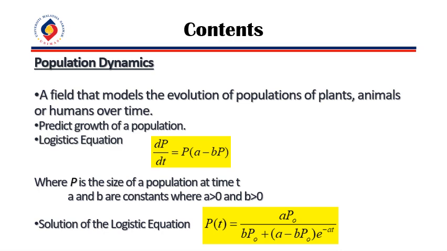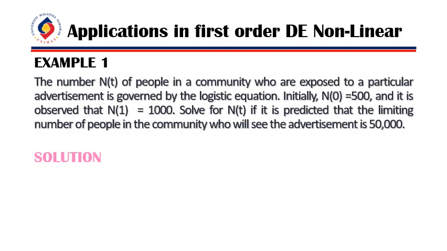Okay, we go to the next slide. Right. Let's have a look at example number 2. For this example, we are given the number N(t) of people in a community. So that means we are using notation N here as the population, who are exposed to a particular advertisement, governed by the logistic equation. Okay, so here we can highlight the logistic equation. Initially, when t is equal to 0, N is equal to 500.